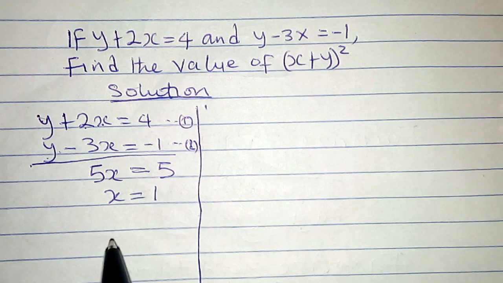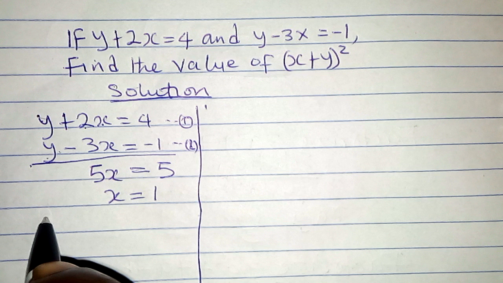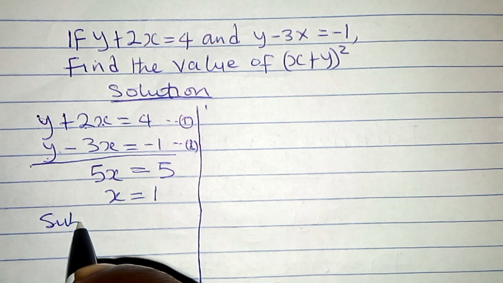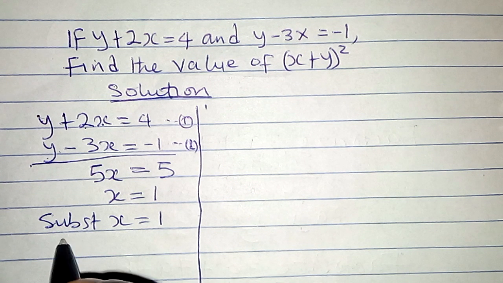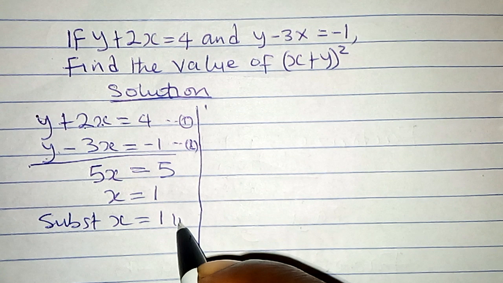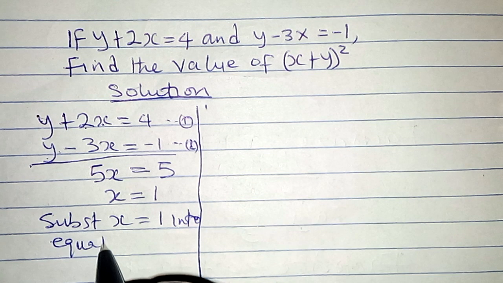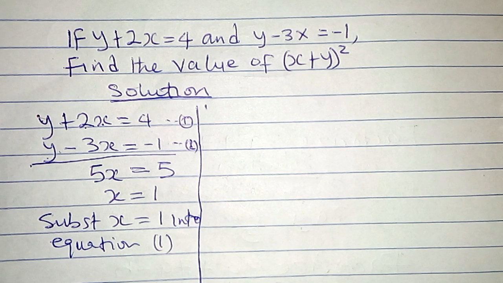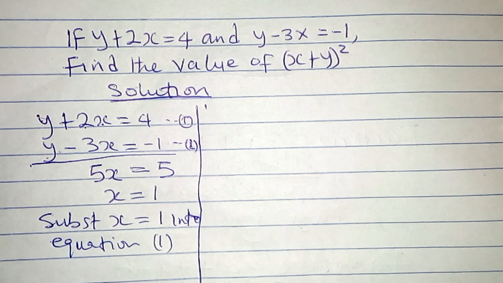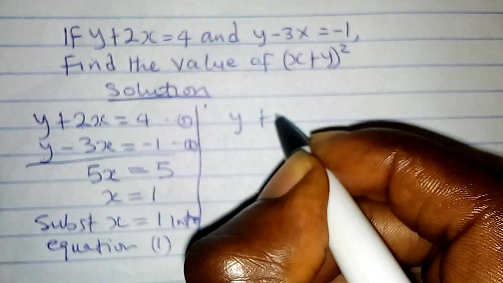Now that we have known our value for x, let us substitute x = 1 into equation 1. So if we do that, what we are going to have is y + 2x = 4.